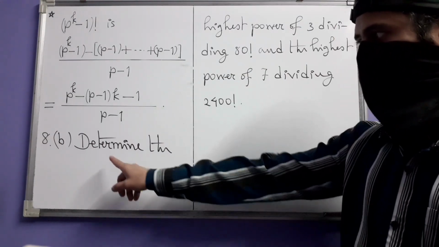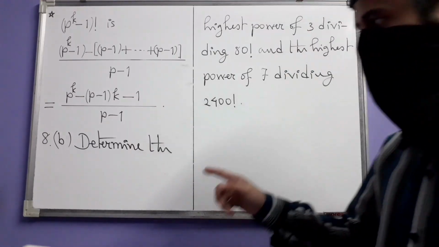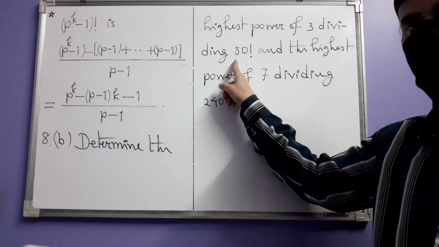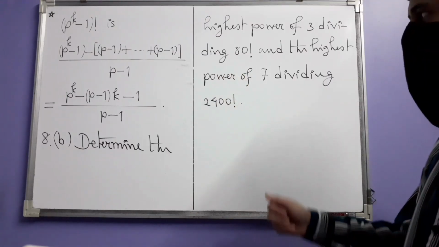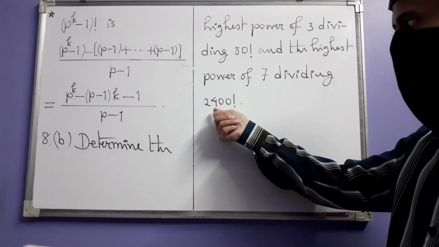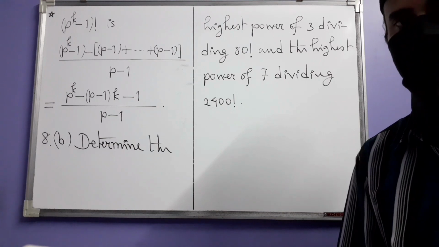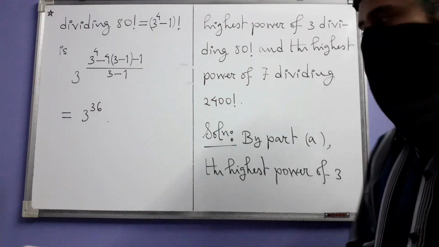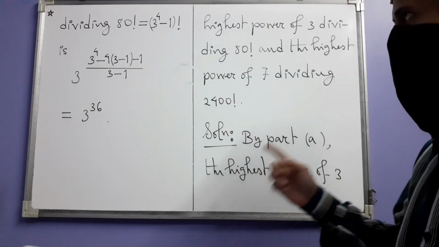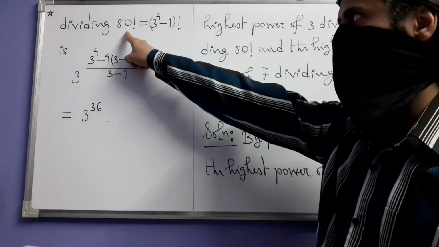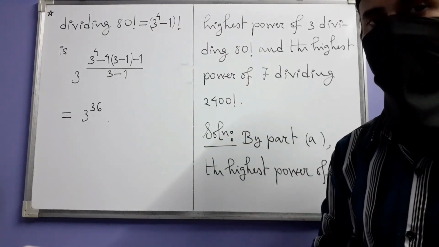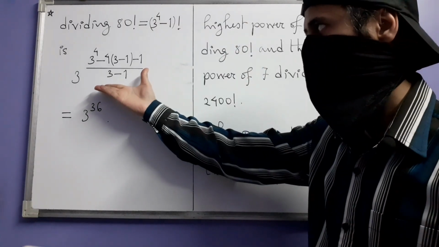And next we have 8b, where we have to determine the highest power of 3 that divides 80 factorial and also the highest power of 7 that divides 2400 factorial. So we just straight away apply part A. By part A, the highest power of 3 dividing 80 factorial, and we also note that 80 is 3 to the power 4 minus 1, is this.